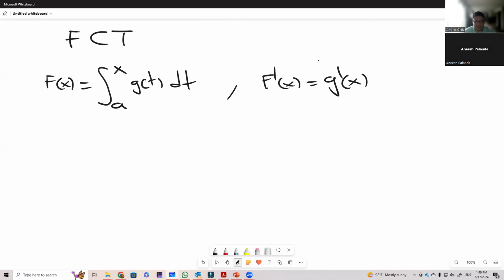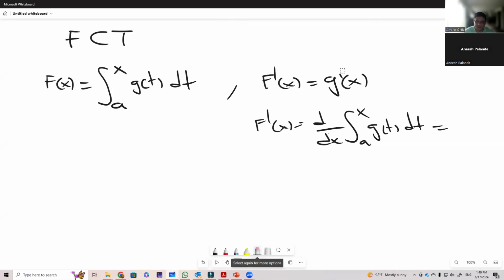So essentially we're saying the derivative of the integral is just the function inside. Sorry, this is g of x, not g prime. This is another way of interpreting this.